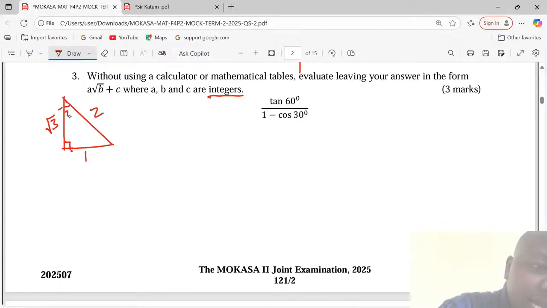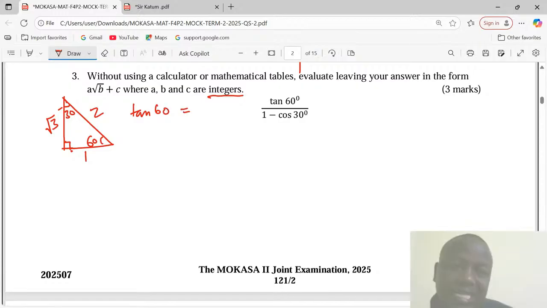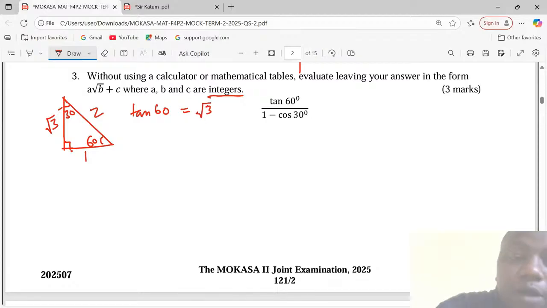Remember, this is 30, this is 60. So when we talk about the tan of 60, I expect tan 60 to be opposite over adjacent length. Therefore, the root of 3 over 1 remains the root of 3. The other thing that we are finding in this case is the cosine of 30.